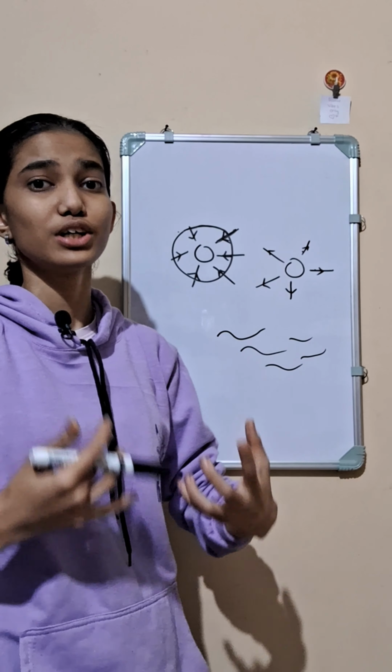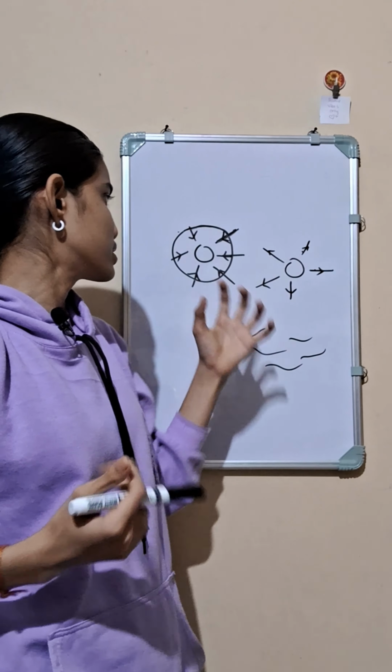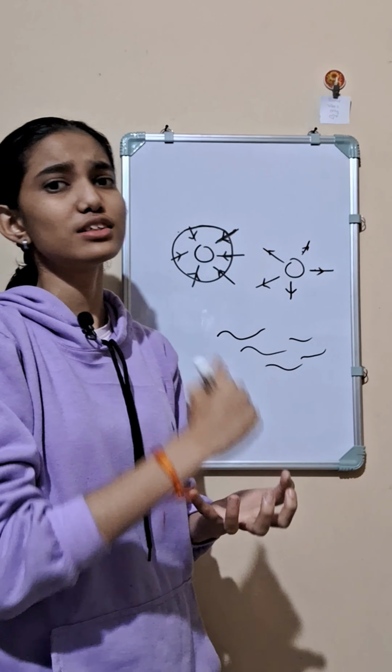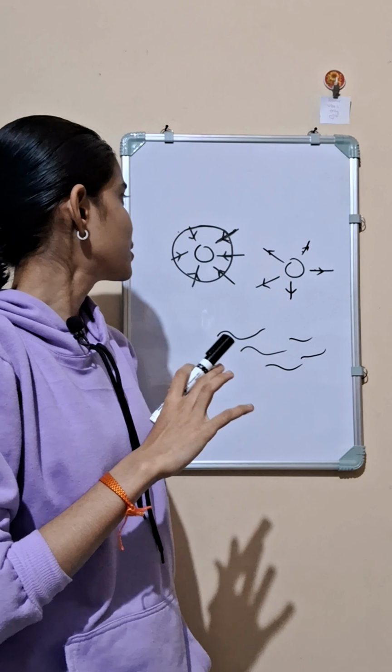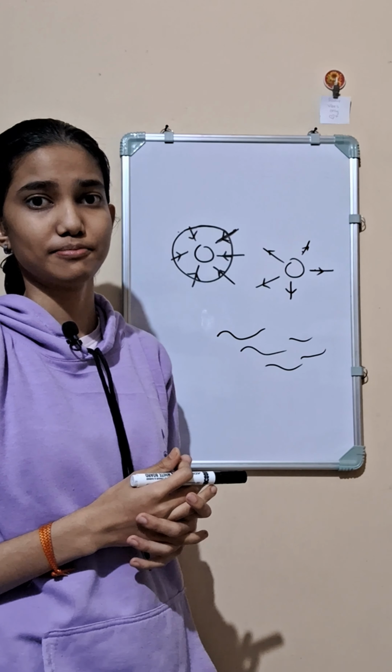So it is your responsibility to be creative and imagine these things. Basically some lines will pass through the surface, and we want to calculate the amount of lines passing through the surface.